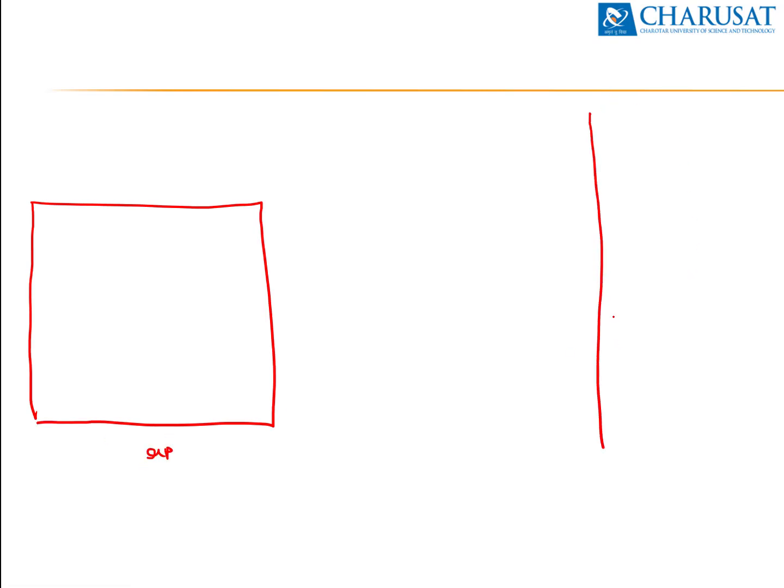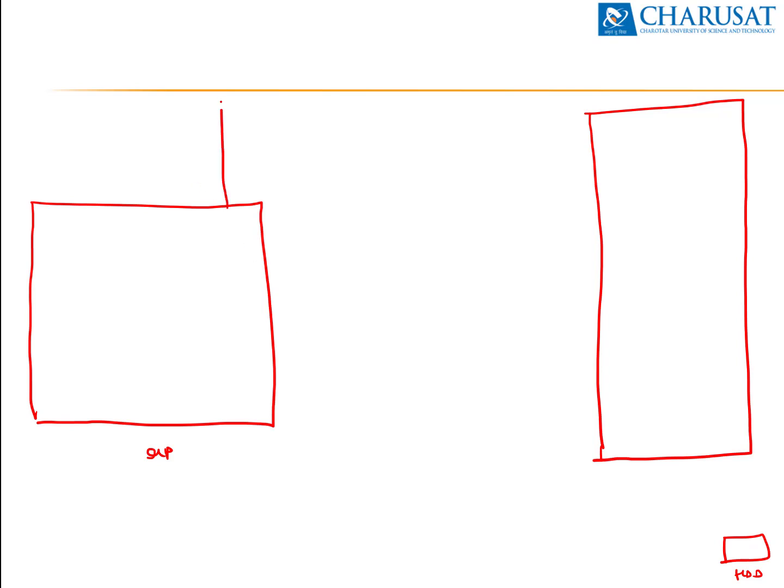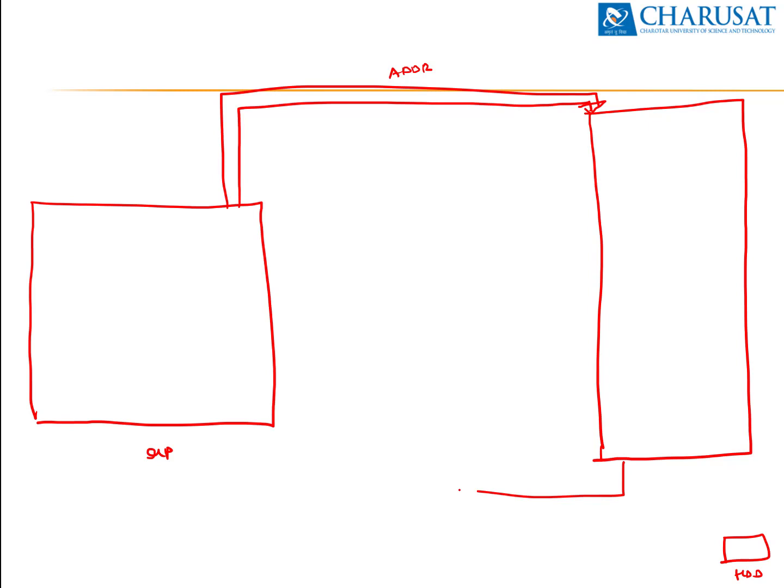On the left side we can consider the microprocessor, on this side the RAM, and at the bottom a hard disk drive, for the sake of understanding, which contains test.exe or other exes. The microprocessor and RAM are connected by address lines and data lines. These are unidirectional address lines, and these are bidirectional data lines.